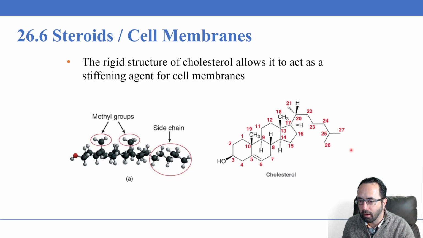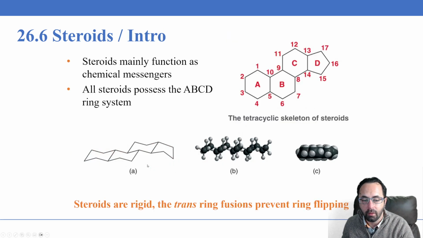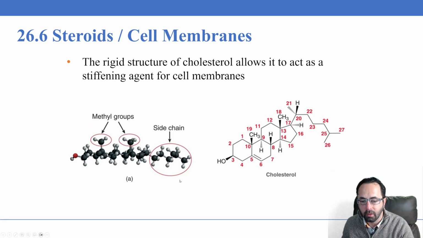This is this part right here, carbons 22 to 26 and 27 sticking out on the side. And it makes a remarkably flat structure. And as I said, because of this trans joining here, as we discussed way back in chapter 4, a ring flip cannot occur and will be extremely sterically hindered.